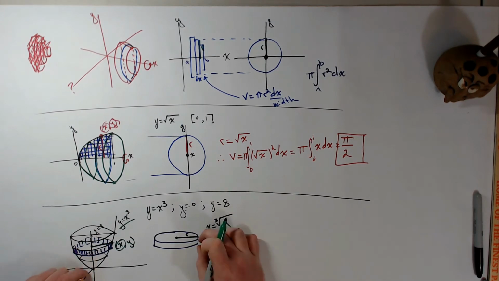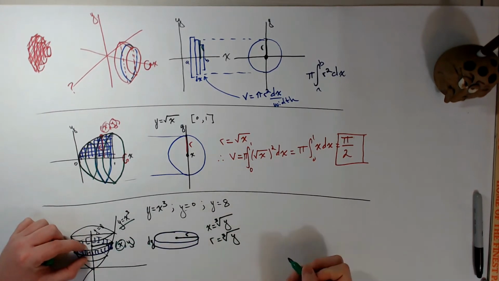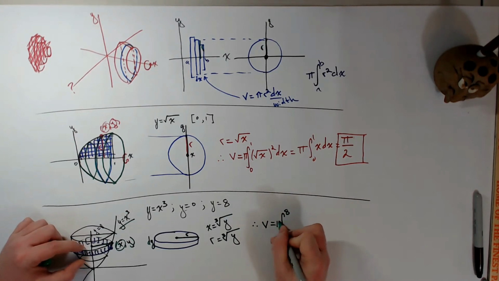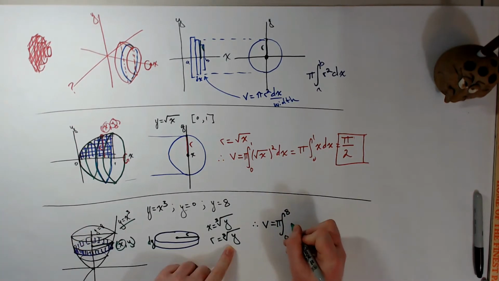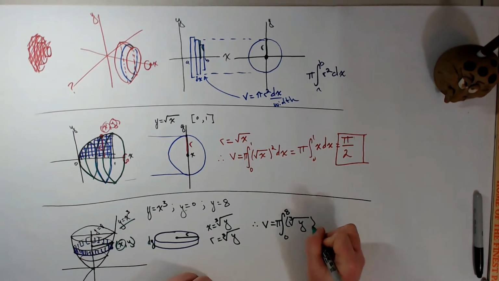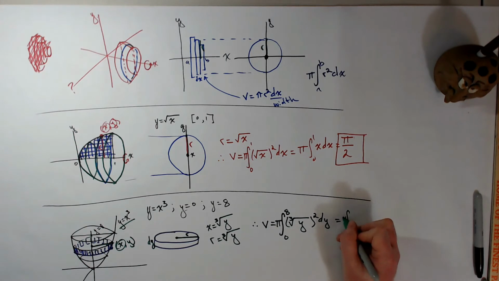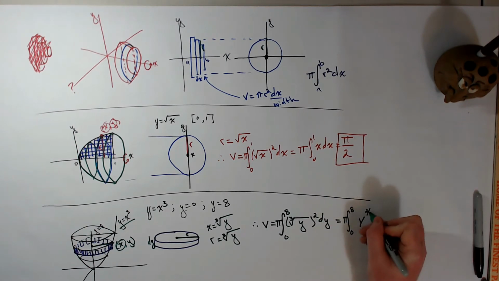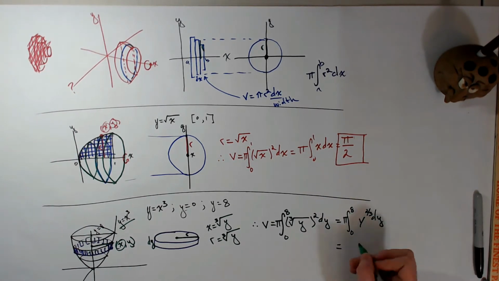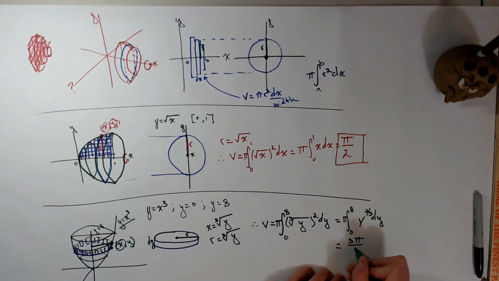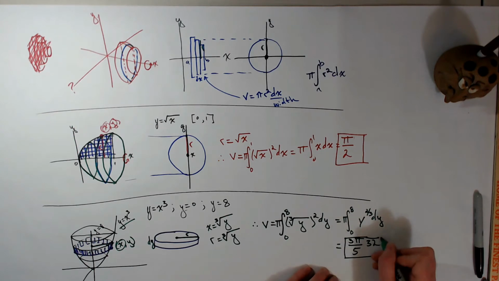The distance from the y-axis out to the curve is actually the x coordinate. So we'll have to solve for x. So r is equal to the cube root of y. And plugging that into my formula, my volume comes out to be the integral from 0 to 8 of y to the 2/3 dy, which is 3 pi over 5 times 32.